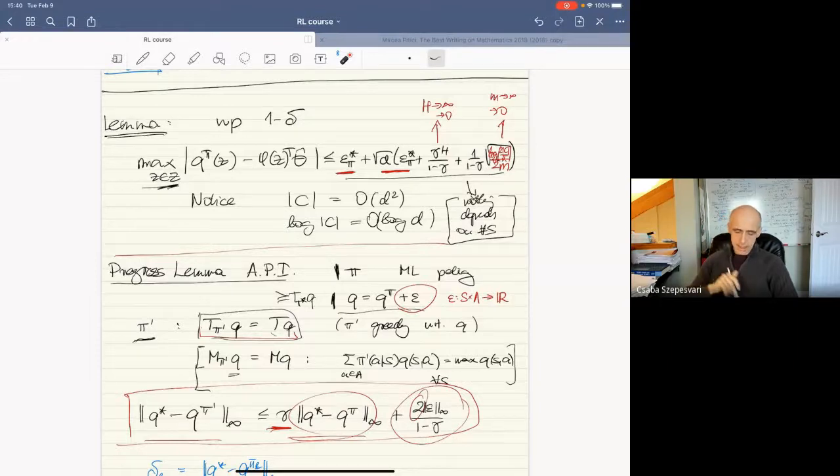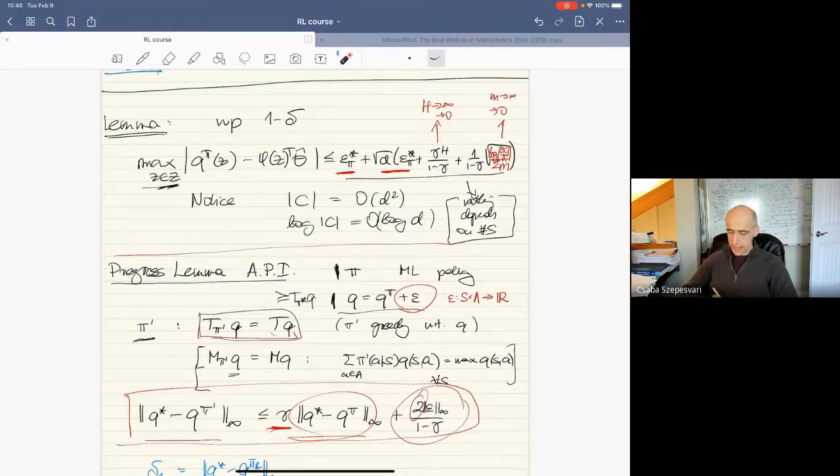And then the result was that for any delta with probability 1 minus delta, the maximum prediction error across all state action pairs, could be infinitely many, but mostly we're just doing finite, but it doesn't matter how many they are, is going to be controlled as follows.